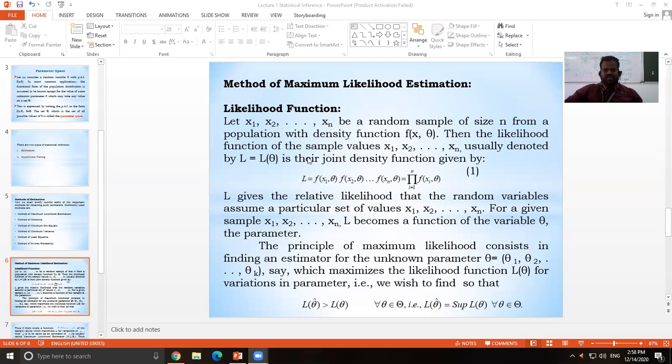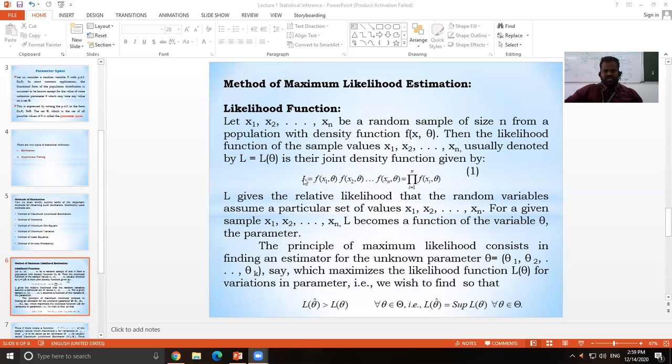Then the likelihood function of the sample values x1, x2, etc., xn is usually denoted by L equal to L of theta. Here L means the likelihood function of the unknown parameter theta. We may have more unknown parameters, depending upon the distribution.